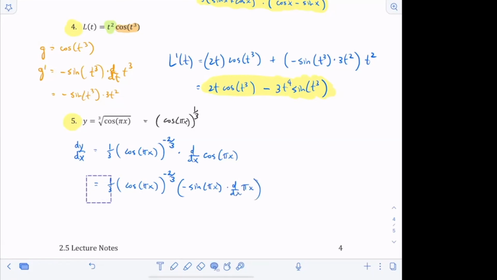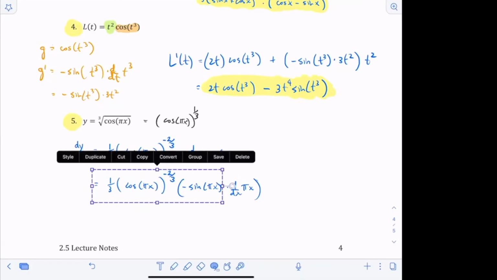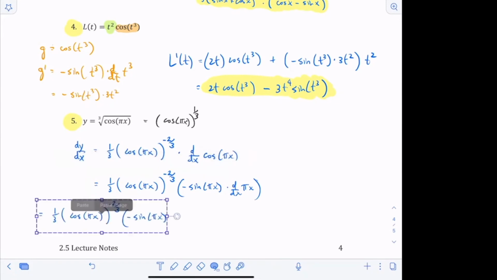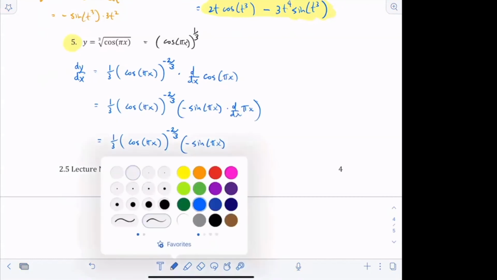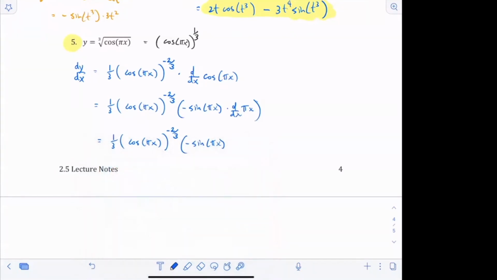So we can wrap this up in the next line here. I'm going to copy this part down. And then you got to multiply by the derivative of pi x. The derivative of pi x is just pi. And that's your answer. And you can collect the constants in front if you like.